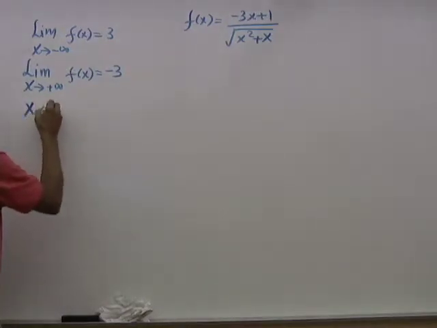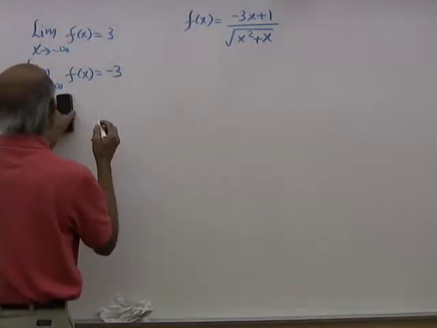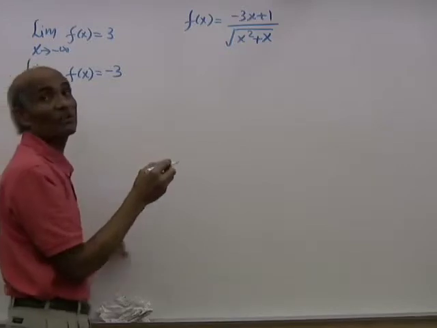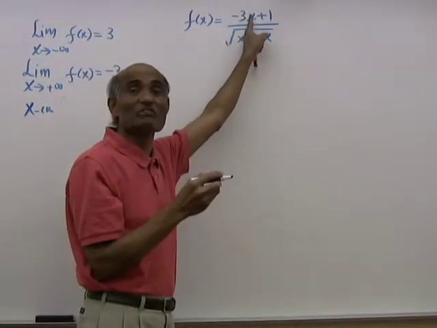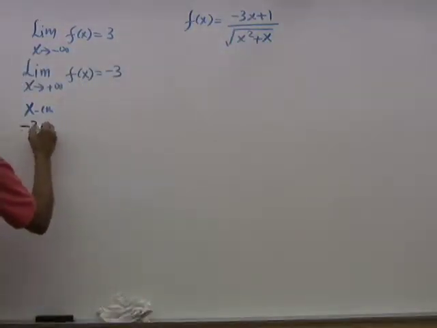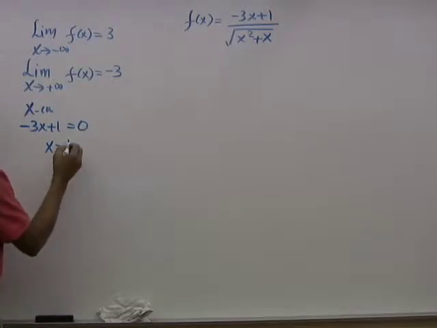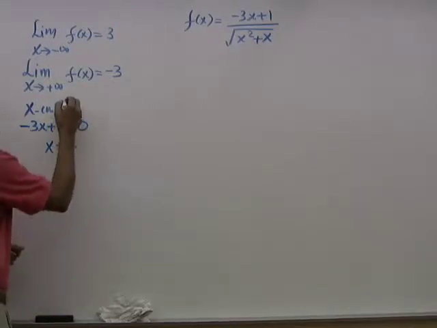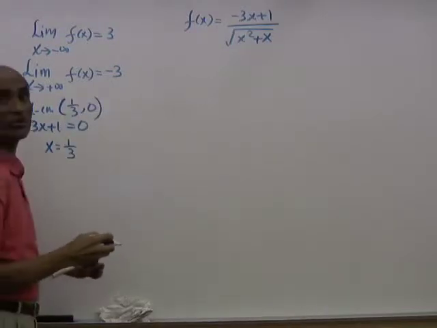The x-intercept is actually f of x equal to 0. Set f of x equal to 0. When you set the function equal to 0, it is the numerator that will be equal to 0. In other words, if you put negative 3x plus 1 equal to 0, what is x equal to? X equal to 1/3. So the x-intercept is x equal to 1/3, y equal to 0.